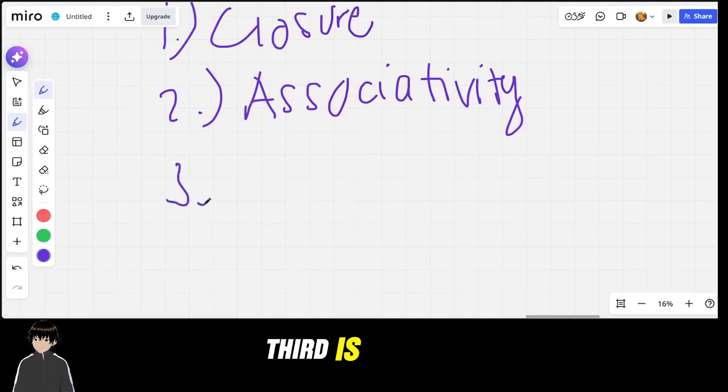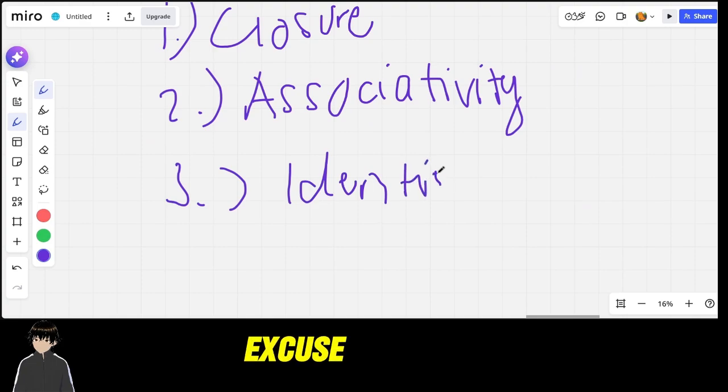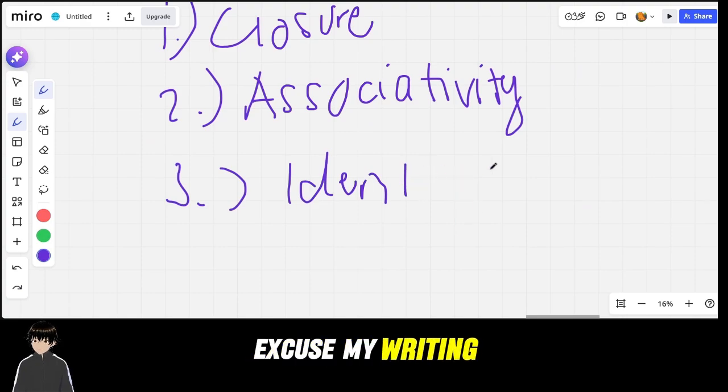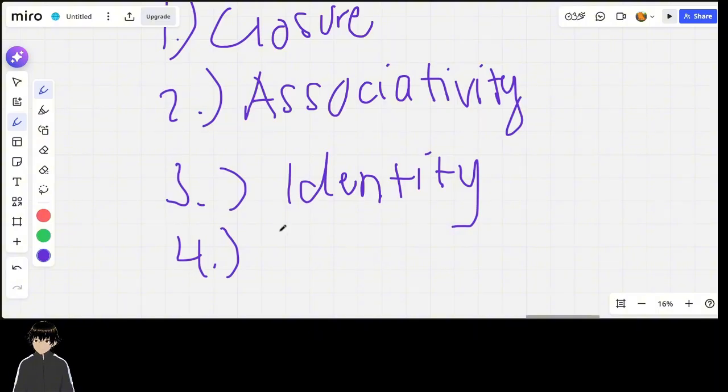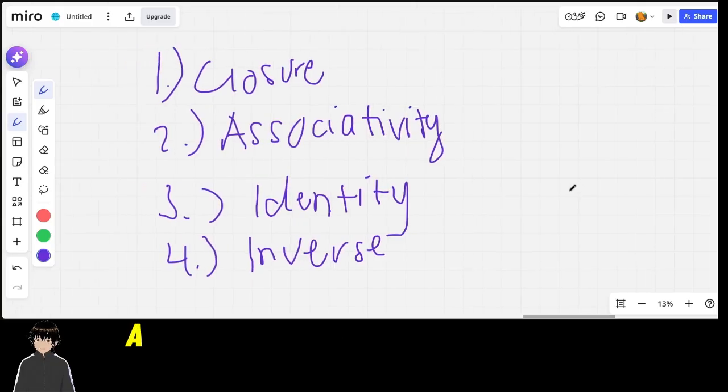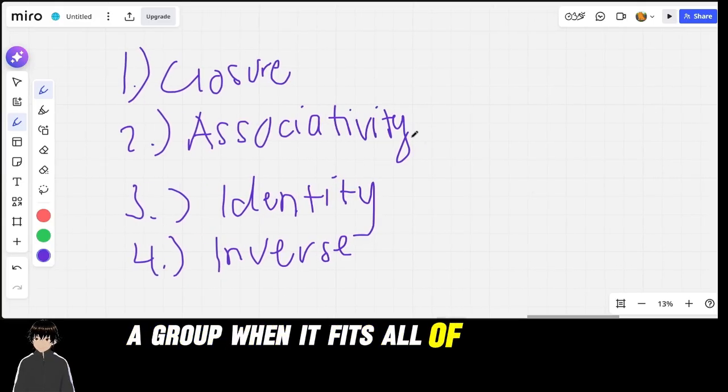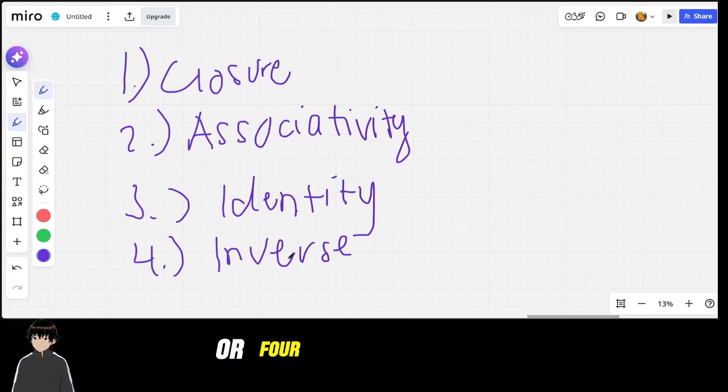Third is identity. Excuse my writing. The fourth is inverse. So you can consider something a group when it fits all of these four criteria or four properties.